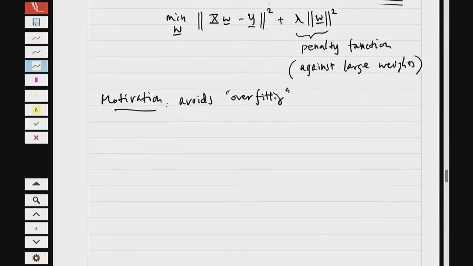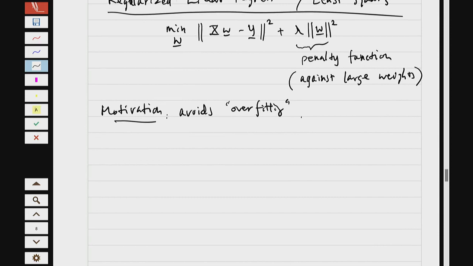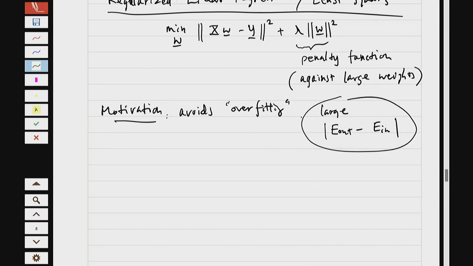In other words, overfitting is when we have a large magnitude of E out minus E in. We don't want that to happen. And when does overfitting happen? Well, in the first lecture we mentioned that if your data is noisy, you might train your very good model to fit the noise of the data rather than the real pattern of the data. So you overtrain your system basically.